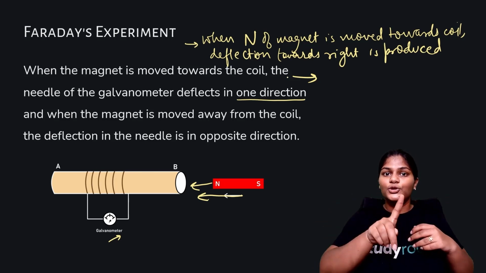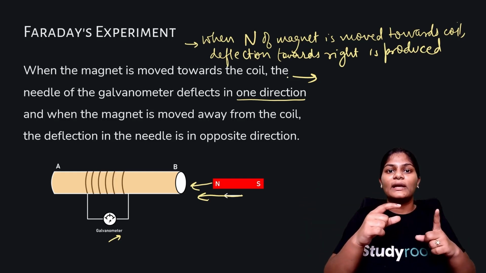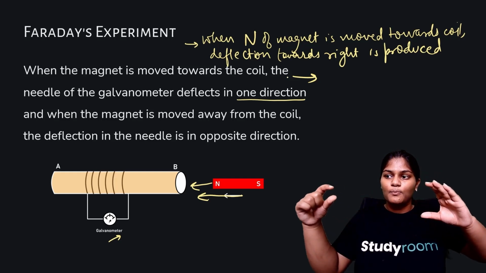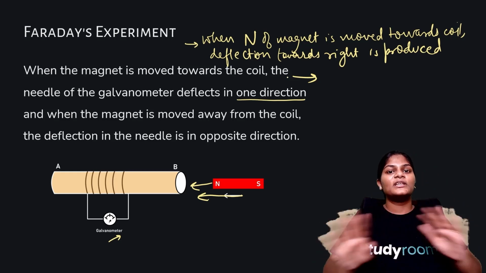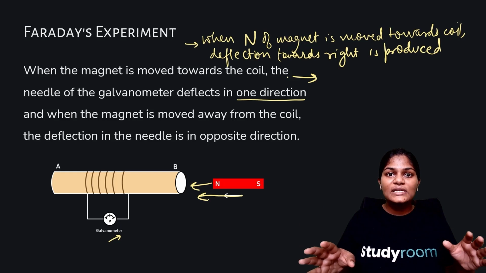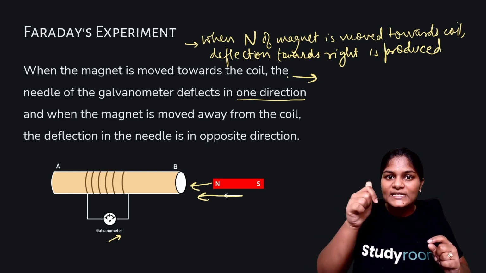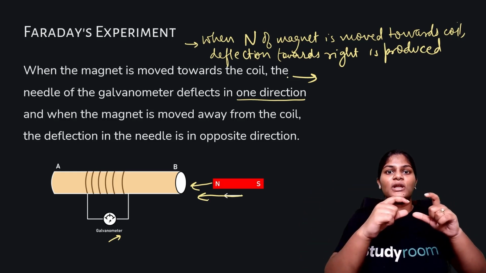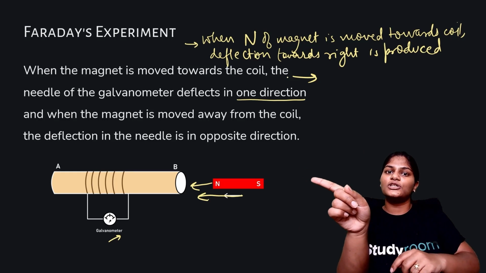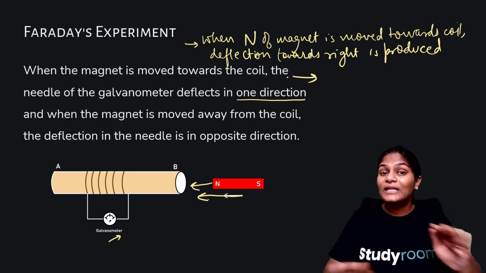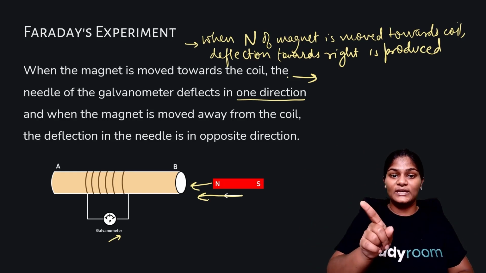That deflection toward the right was only because of the movement of the bar magnet. As soon as the bar magnet is kept close and stationary, there is no deflection. That means the current was only produced for a split second when the magnet was in motion. It's not like the galvanometer is continuously showing it towards the right. There is only a momentary deflection of the galvanometer.